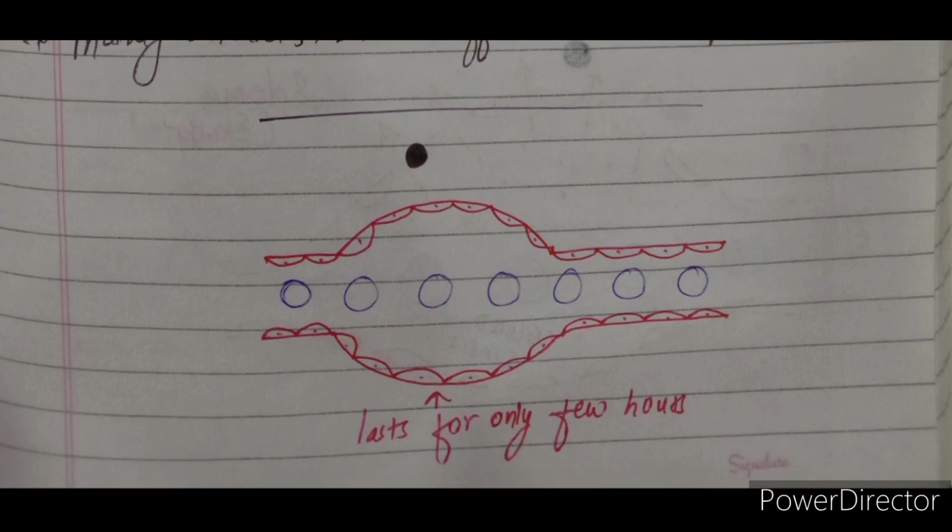In this figure we can see that, as soon as the microbe enters, after the transient vasoconstriction there will be persistent progressive vasodilation, and it will last for only a few hours.